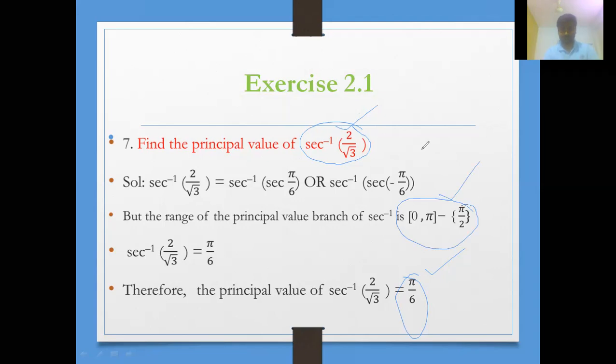If I write 30 as the answer, is this correct? 30 lies in this interval or not? Yes. That is the principal value. So secant inverse of secant pi by 6, the secant inverse gets cancelled, and pi by 6 is our answer because it lies in its range. Clear? Now, shall we go for the next problem?